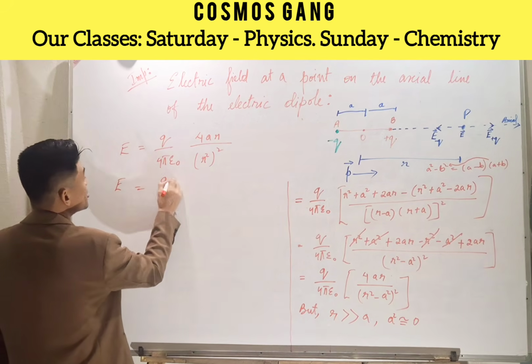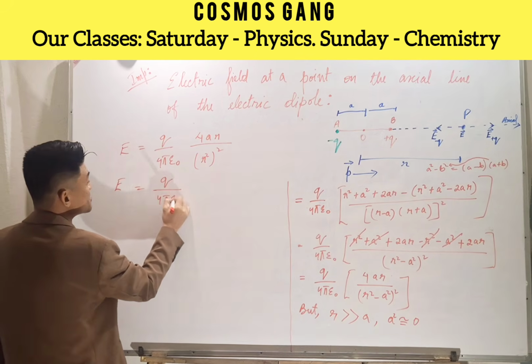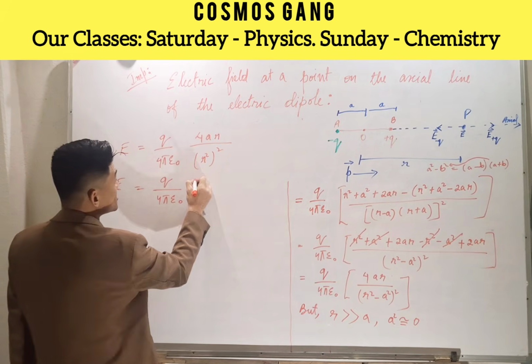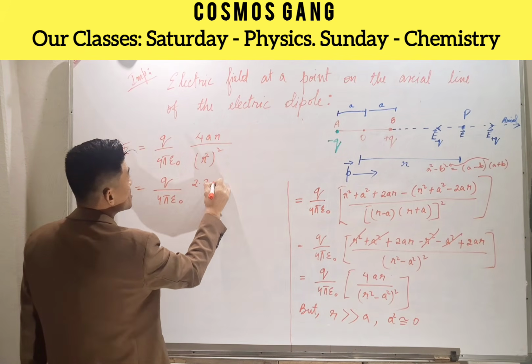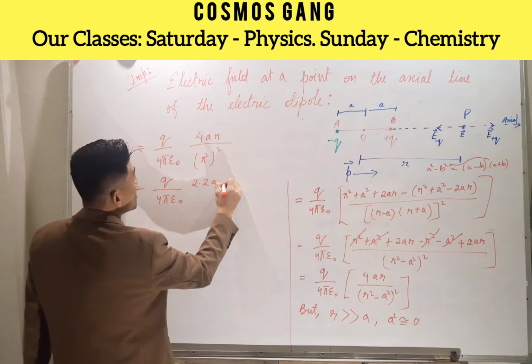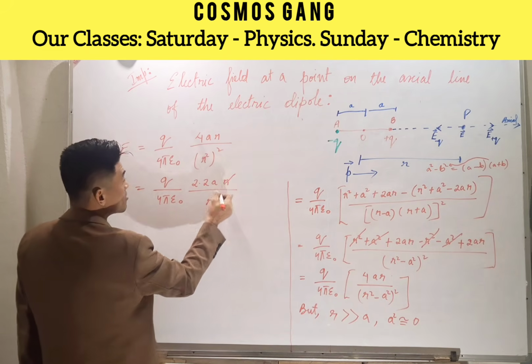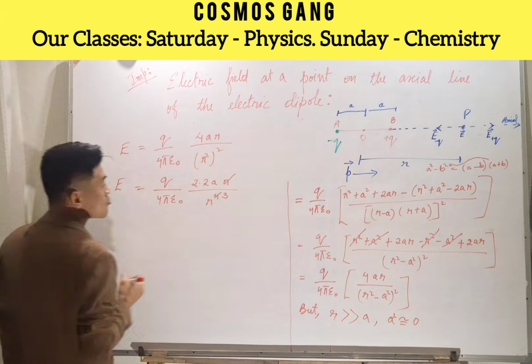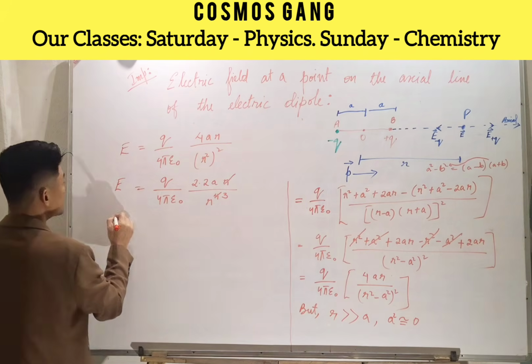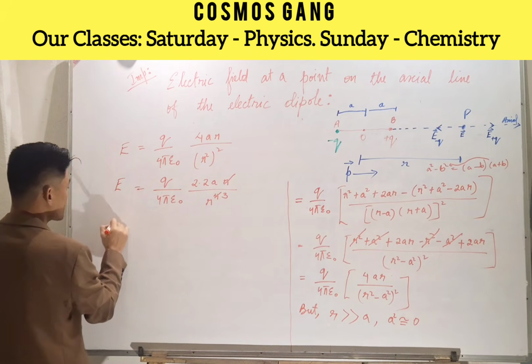E equals Q divided by 4 pi epsilon naught. This 4, I can split it as 2 A R divided by R to the power 4. One R will get cancelled. So 3 R's are left in the denominator.